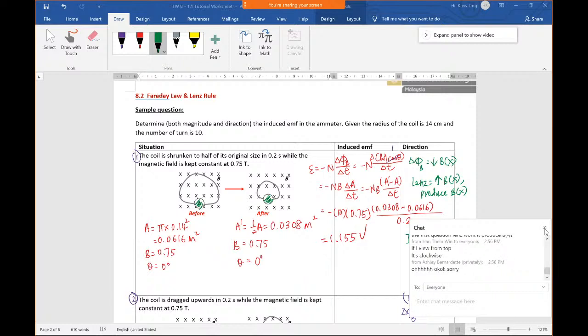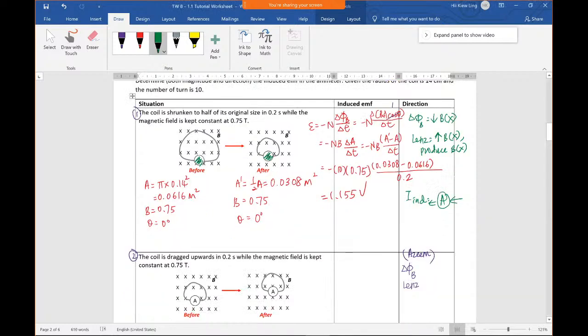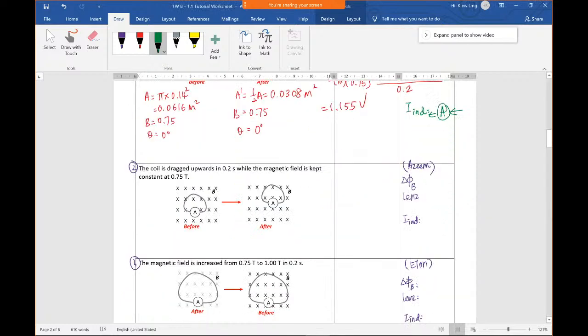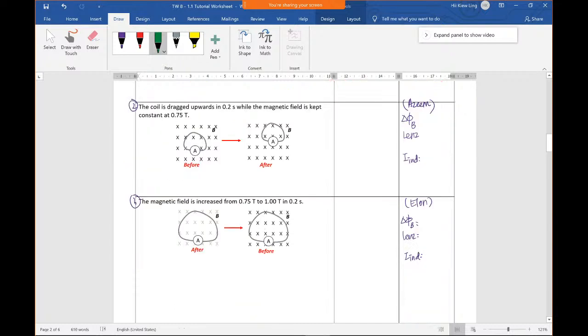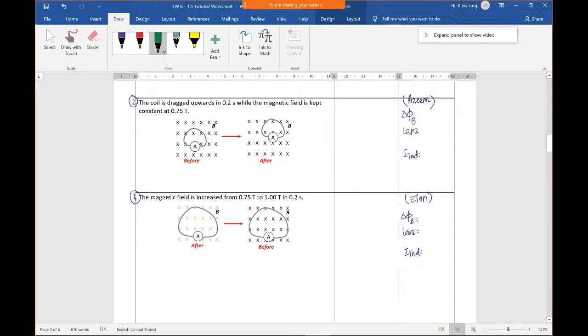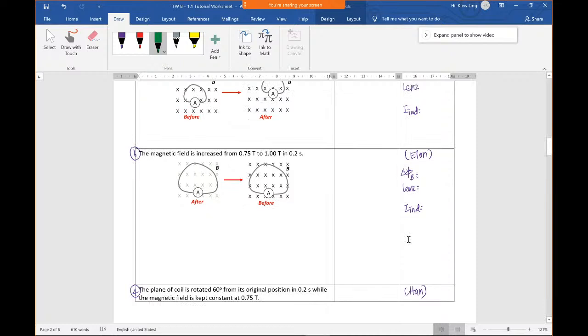Okay. Okay, Azim, what is your answer? So Ilan has already found this one to be 0.77 volt, correct? But the direction is not clockwise, no?